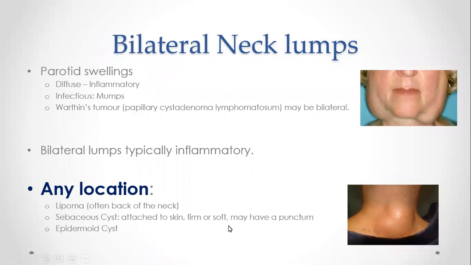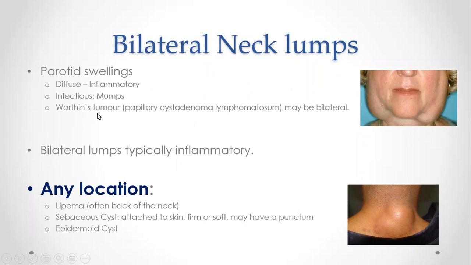Bilateral neck lumps are not common. Most of the cases are due to inflammation. This picture shows a lady with bilateral parotid swellings. It is most likely due to a viral infection like mumps. One of the tumors, actually a benign tumor, can present like a bilateral neck swelling.